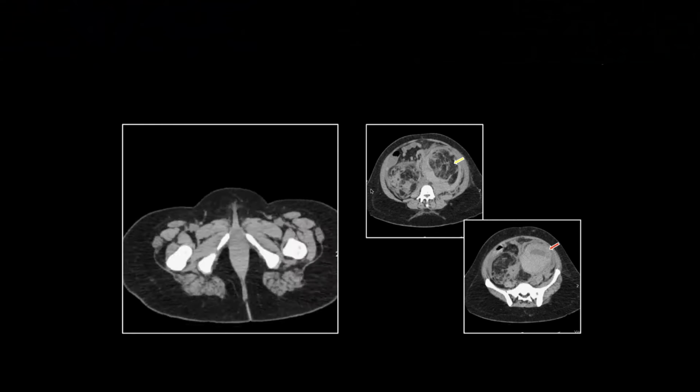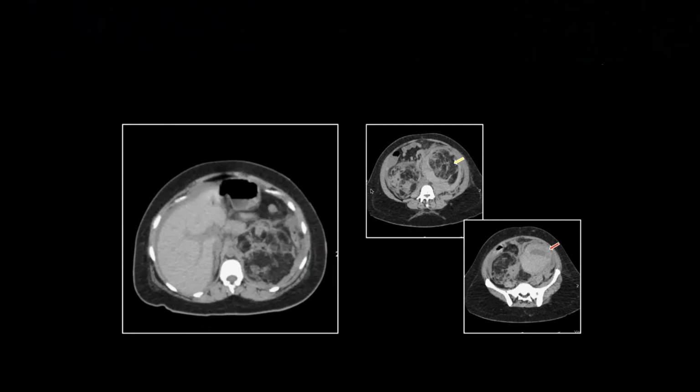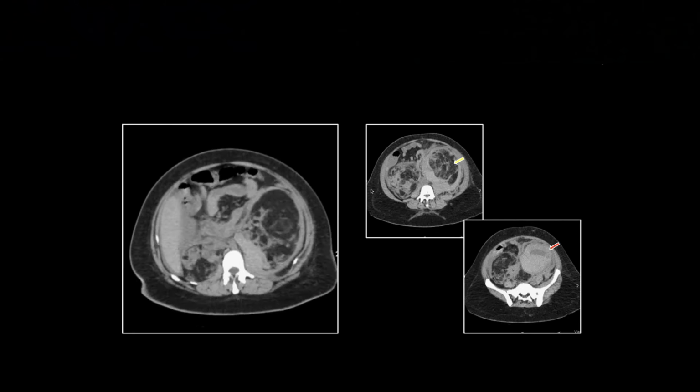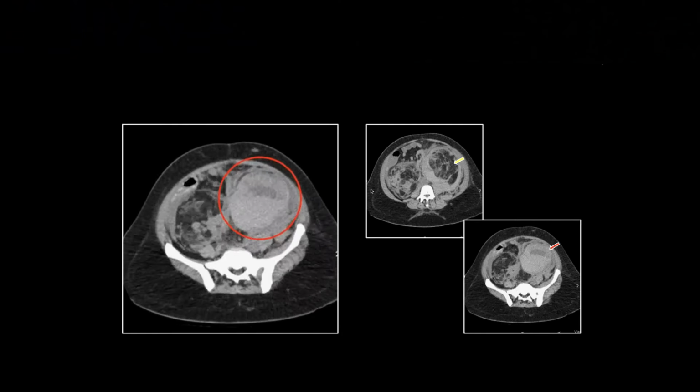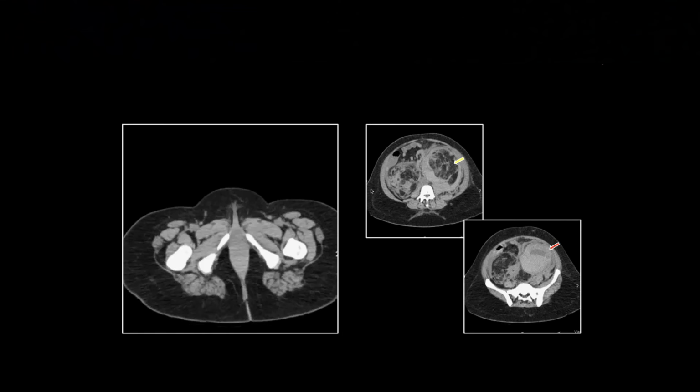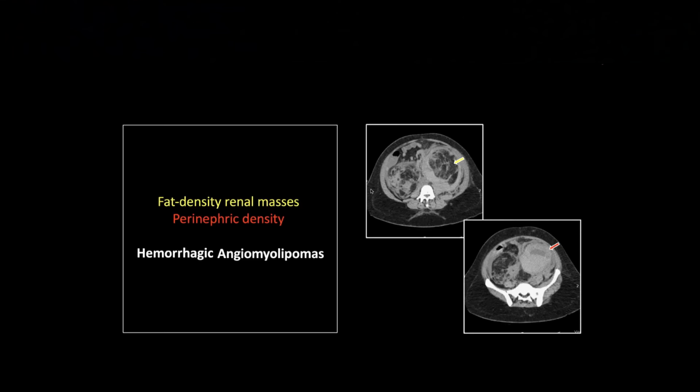And there is that large left perinephric hematoma. Inferiorly, be sure you note that layering, that density level there, which really helps tell you that's settling blood products. All right, so that is bilateral angiomyolipomas in a patient with tuberous sclerosis and acute presentation with hemorrhage.